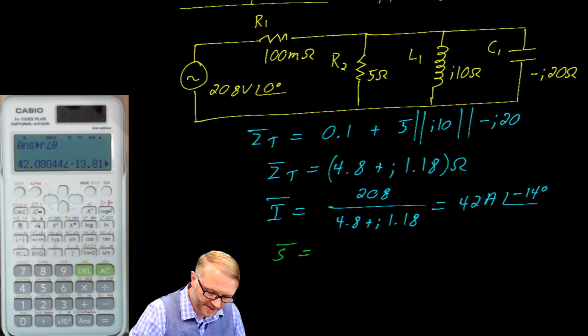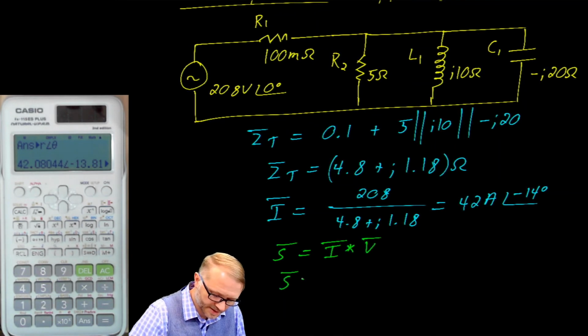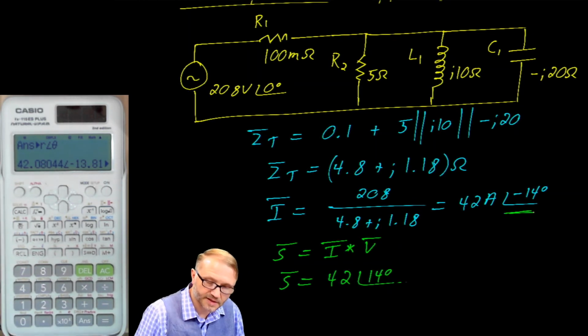Complex power is the complex conjugate of I times the voltage. Complex power is our current, 42, phase angle of 14 degrees. You'll notice that our current has a negative angle, but in this case, we're using the complex conjugate, so it has a positive angle.